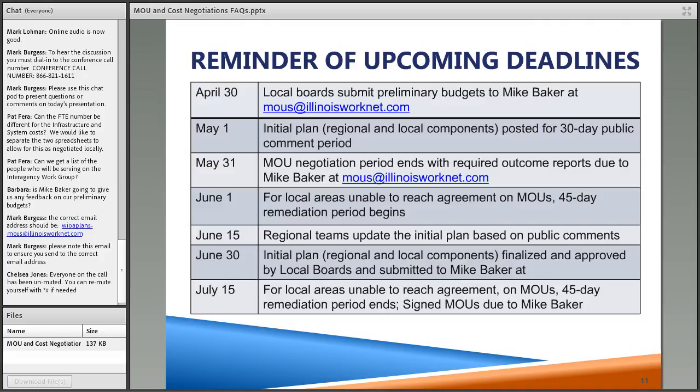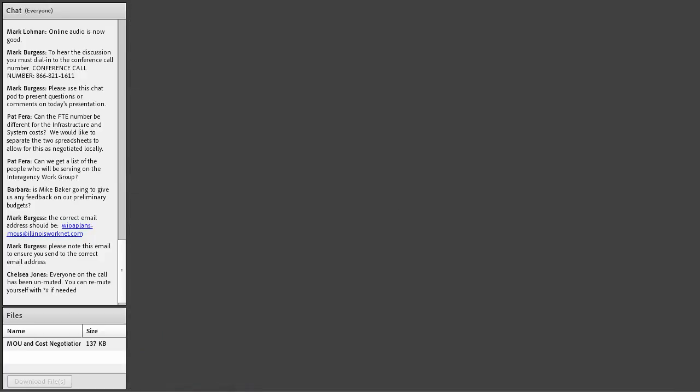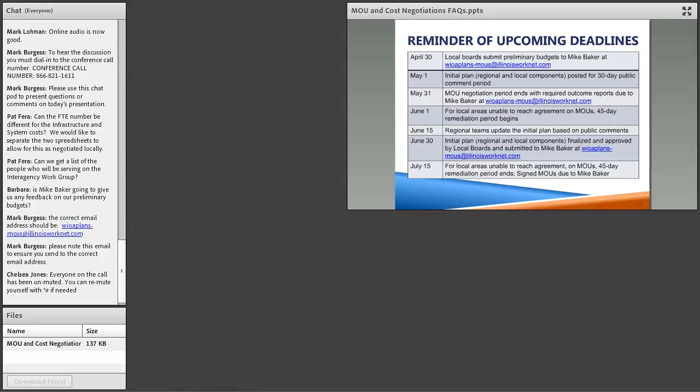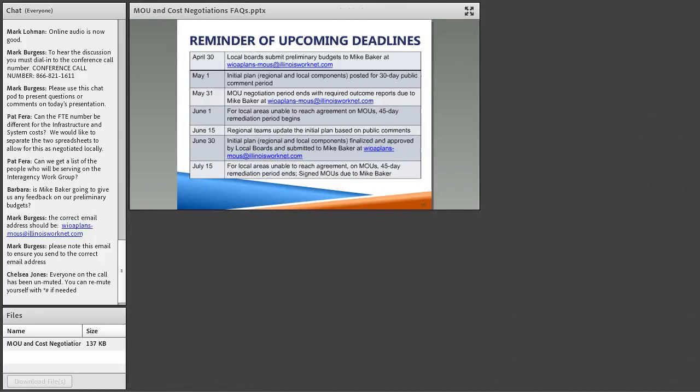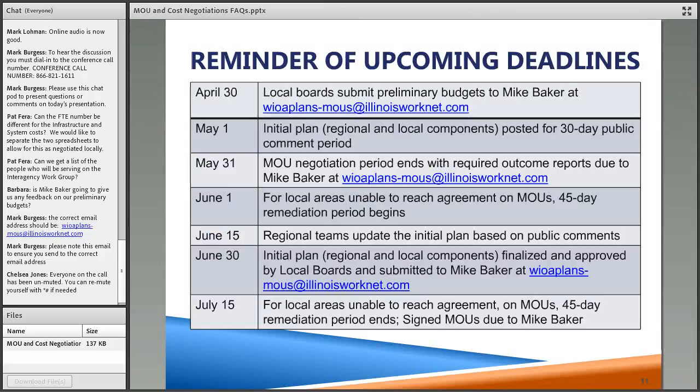Mm-hmm. And I think that would be, and presumably would be, a strict application of the requirements and the issue that could be raised in a review, certainly by the feds and maybe by the state as well.